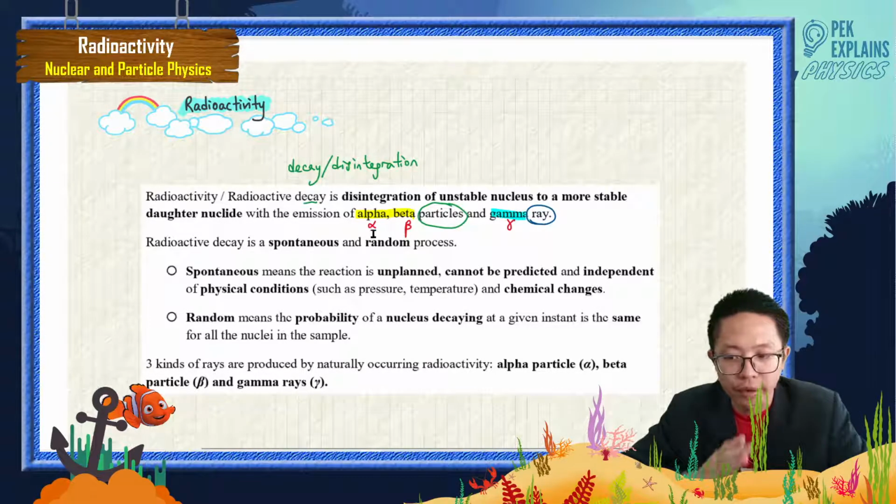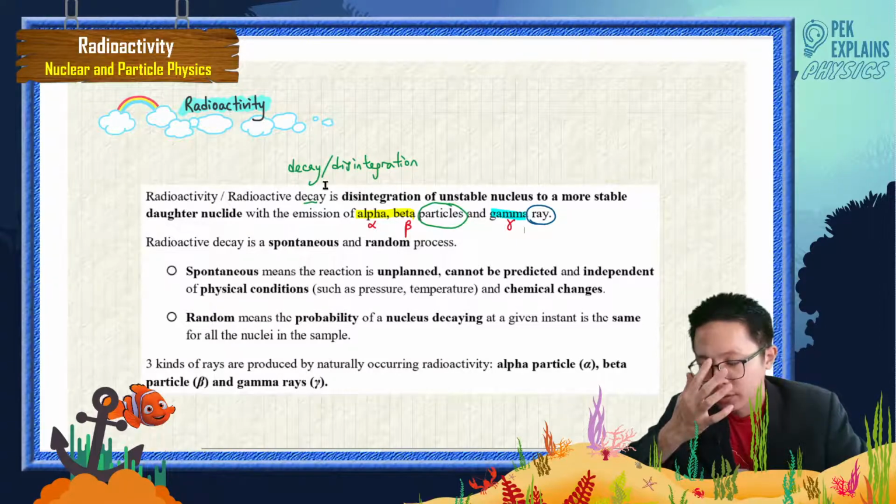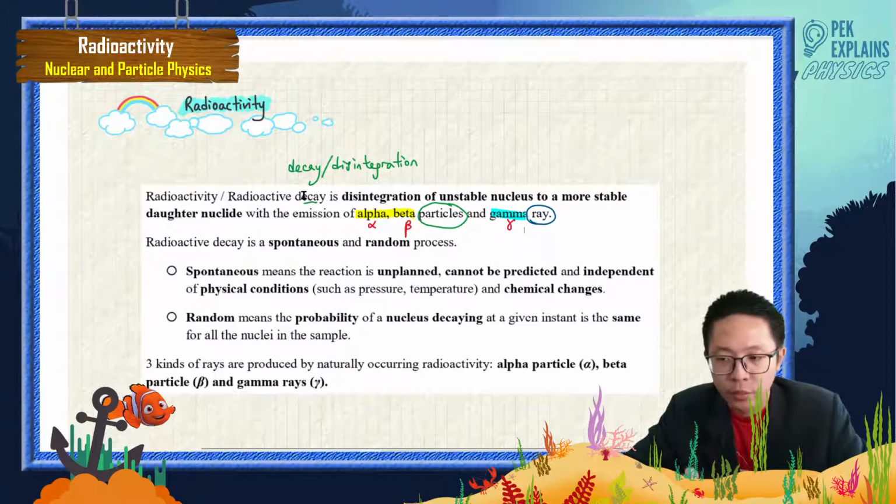Gamma is different from alpha and beta. Alpha and beta are both particles, but gamma is a ray, a radiation. Later I will talk about alpha, beta, gamma.